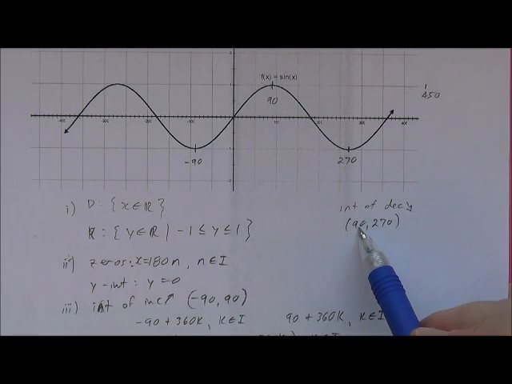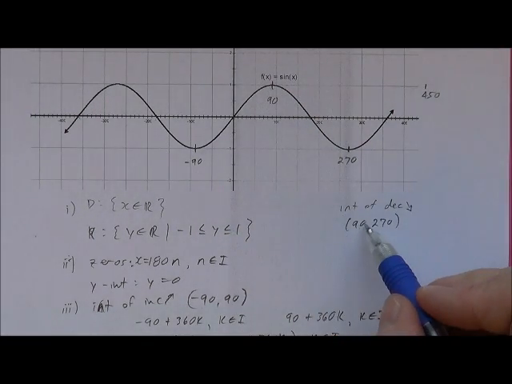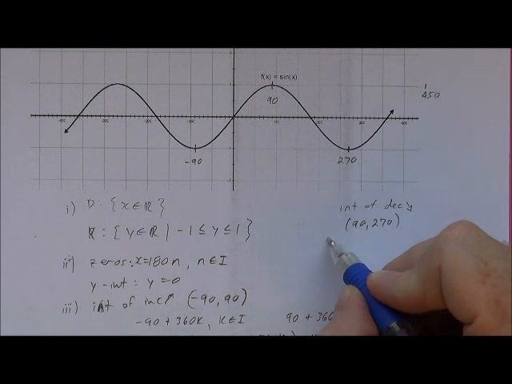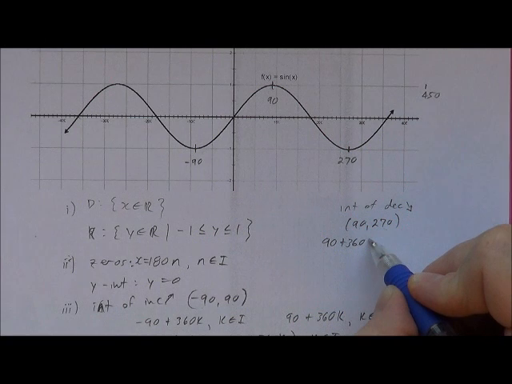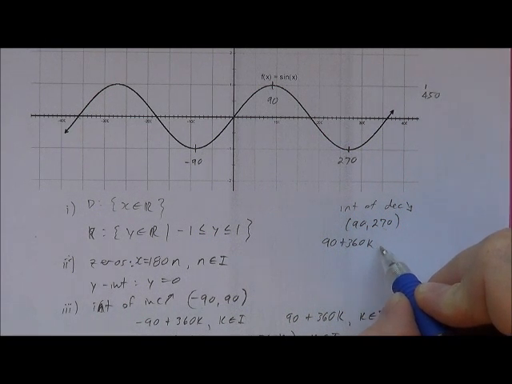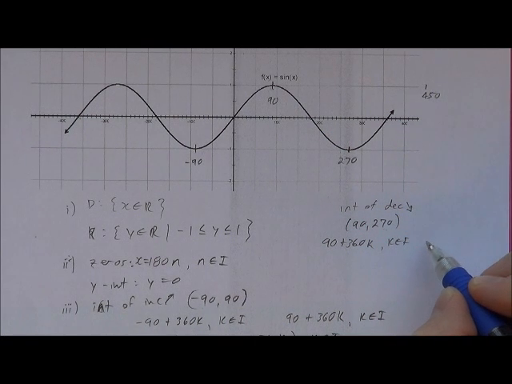The beginning of the decrease happens every 360 degrees, and the end of the decrease happens every 360 degrees, so it'd be 90 plus 360k, where k is an element of all integers, of course, and 270 plus 360k.